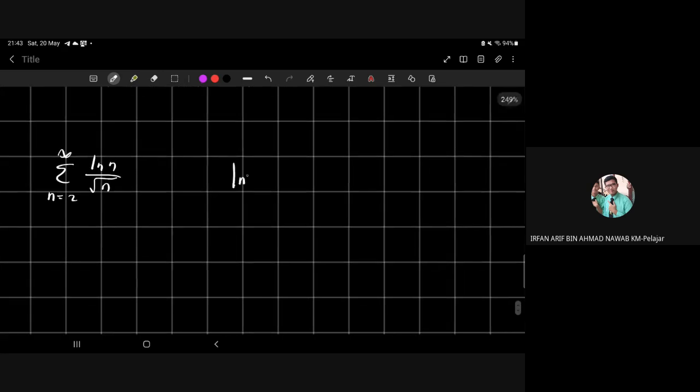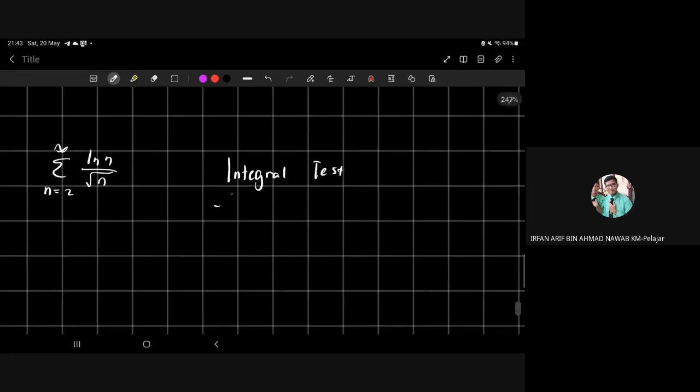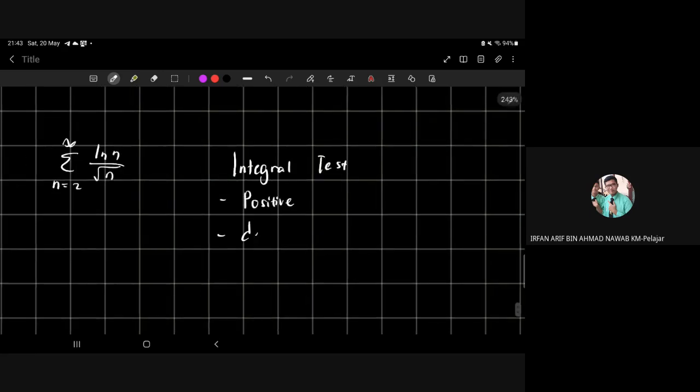So first, let us write down the conditions to apply the integral test. There are three conditions. One is that the function has to be positive on the domain. The second one is that it's a decreasing function. And the third condition, it has to be continuous.